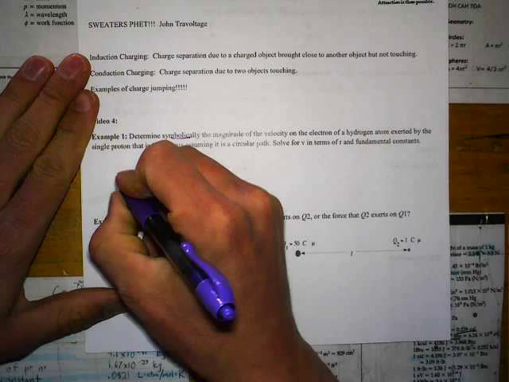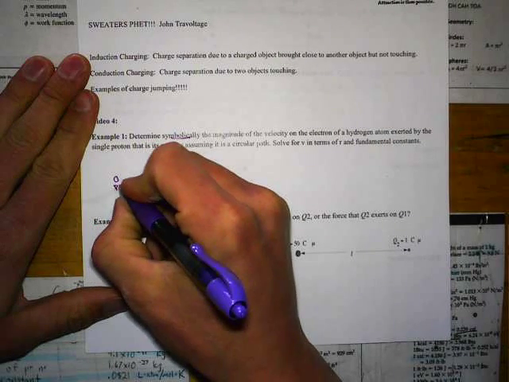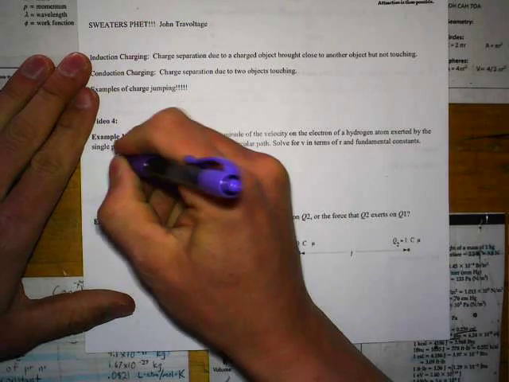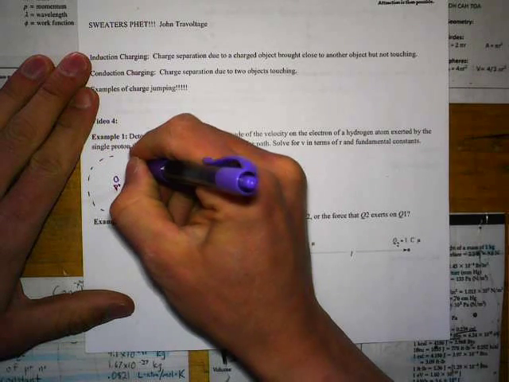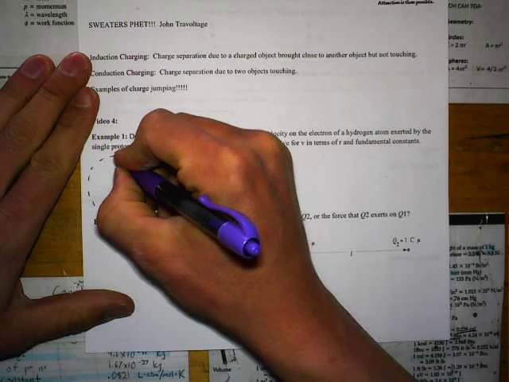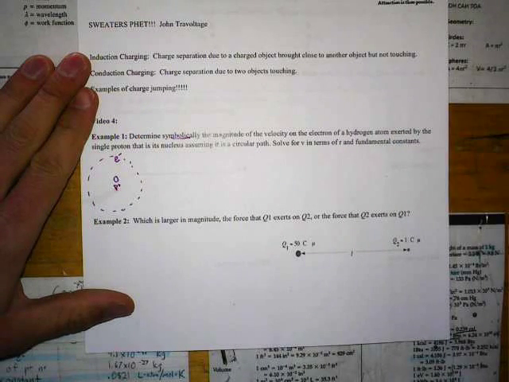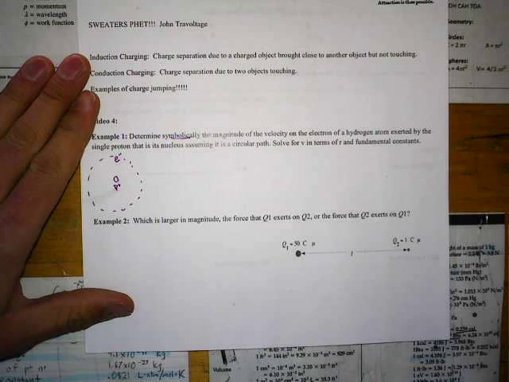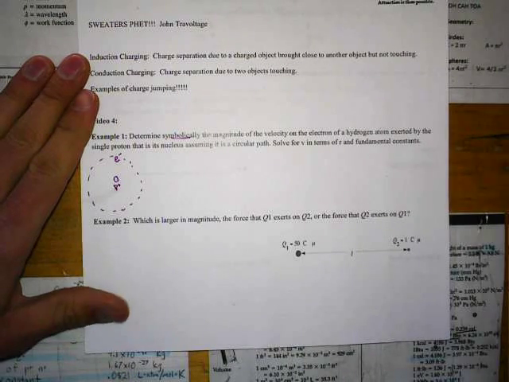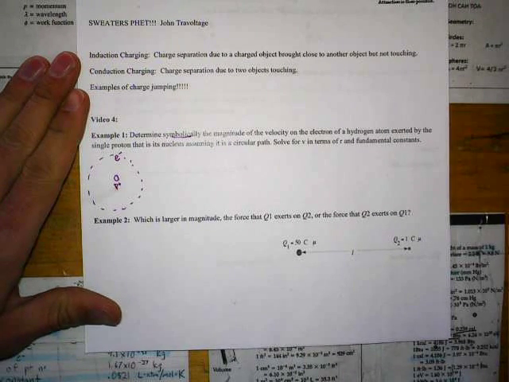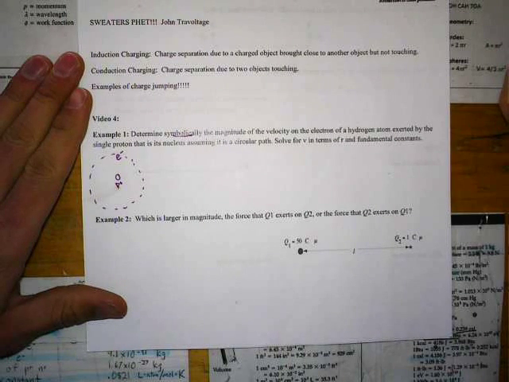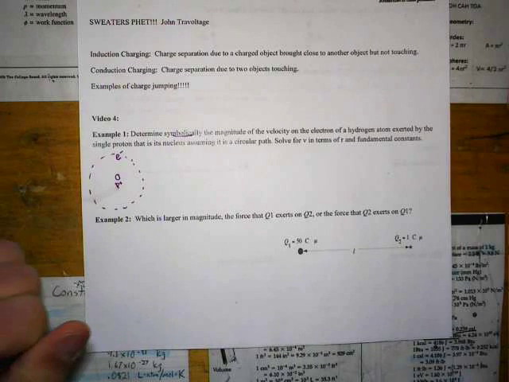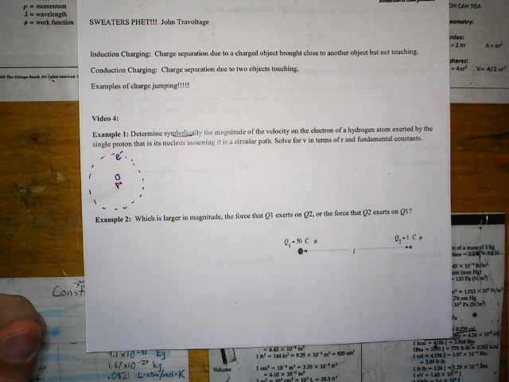Now particle physicists don't really like this model because it's actually much more complicated than just an orbit that looks like that. But this is called the Bohr Model, and it just kind of helps us to look at atoms a little bit. We're going to assume that the path is circular, and we're looking at the force here.